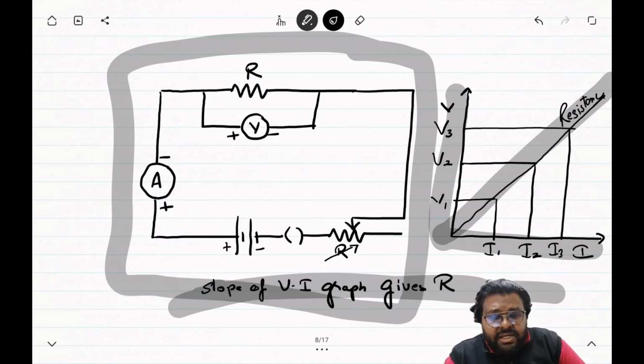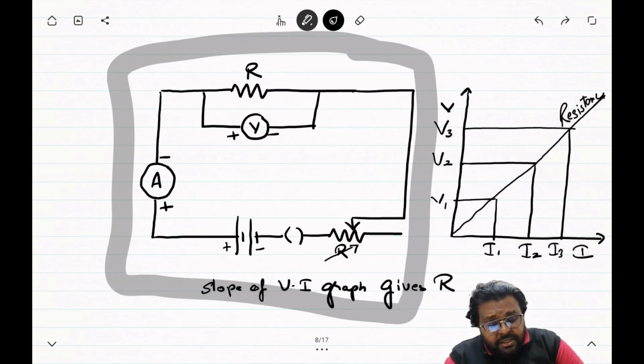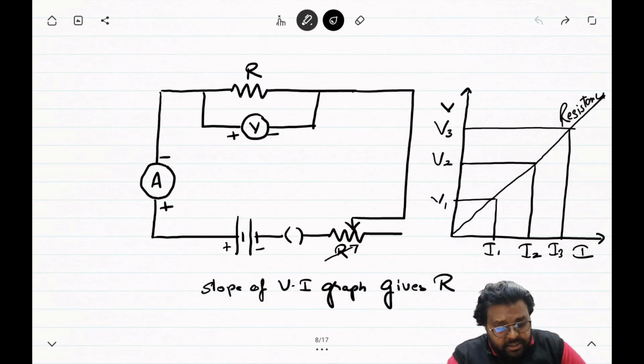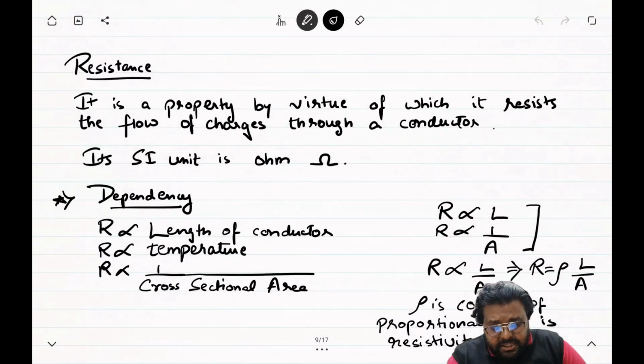But to an extent V and I are directly proportional, and when we plot the graph between them, it gives a straight line. The slope of that straight line gives me the resistance of the particular circuit. So R is basically V upon I. The SI unit of resistance is ohm.